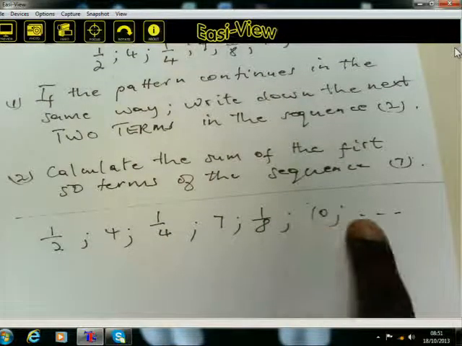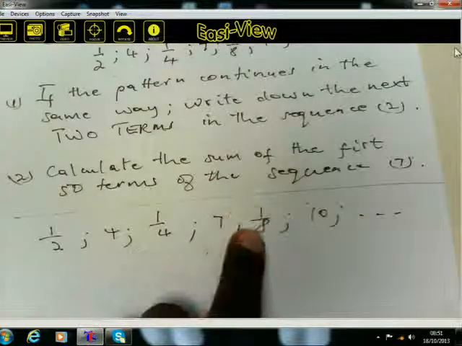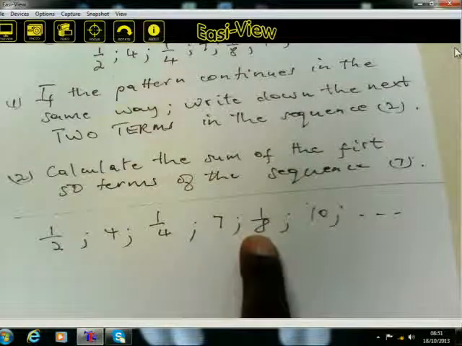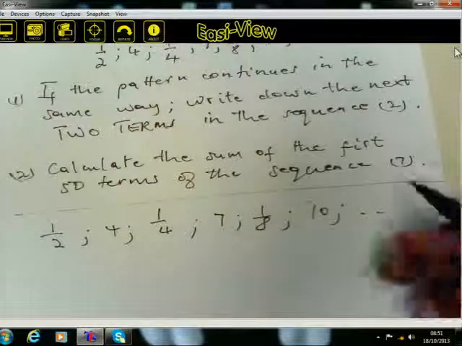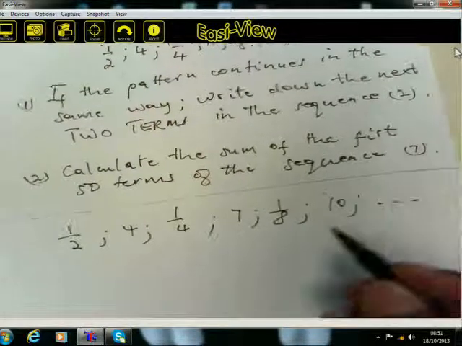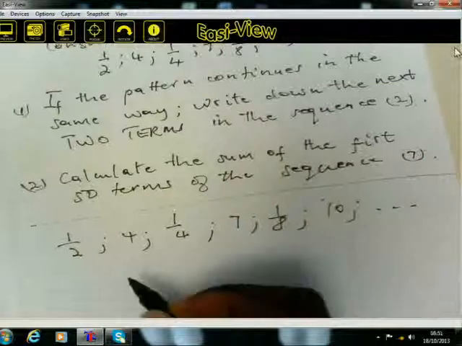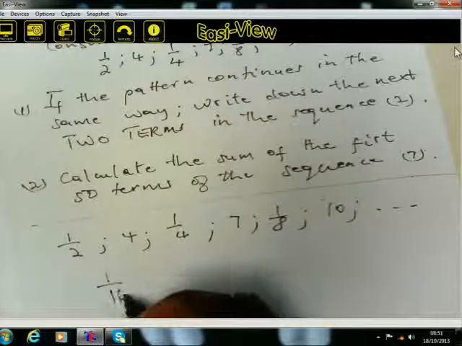Obviously, for the next one, the denominator will be multiplied by 2, so 8 times 2, and the next one is going to be 1 over 16.